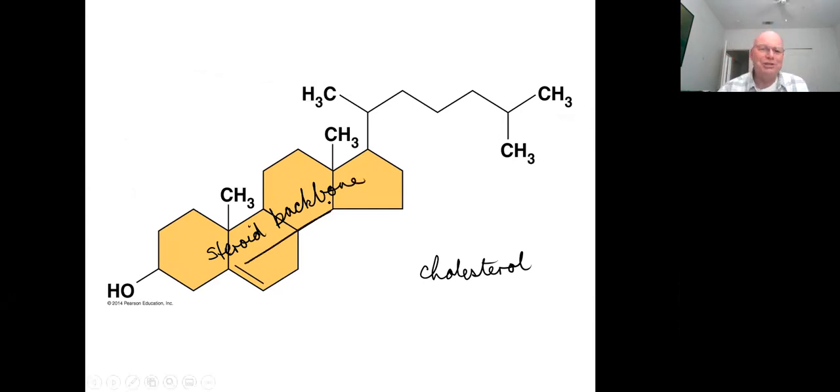And we actually need to have cholesterol. We need it for two reasons. It is a component of all animal cell membranes, and we'll talk more about that when we do chapter 7. But it also is the precursor to the steroid hormones.